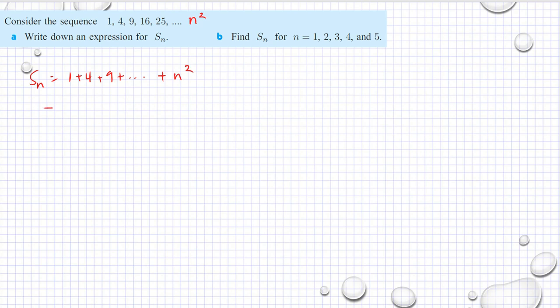We can also use summation notation, wherein we put k raised to 2, where k is equal to 1 up to n.